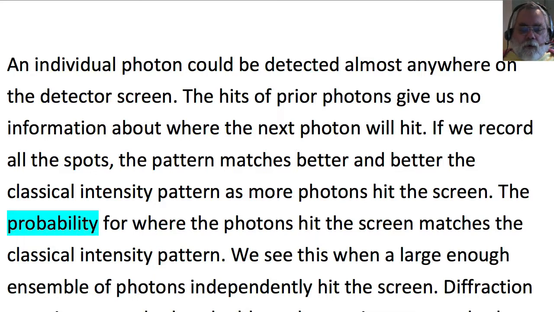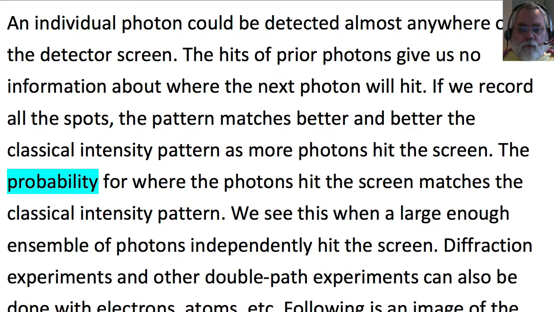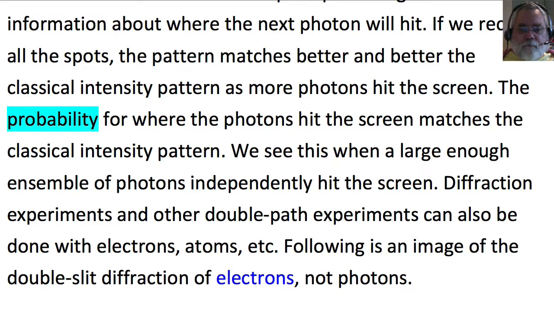If we record all the spots, all the hits, the pattern will better and better match the classical intensity pattern as more and more photons hit the screen. The probability for where the photons hit the screen matches the classical intensity pattern. We'll see this when a large enough ensemble of photons independently hit the screen.